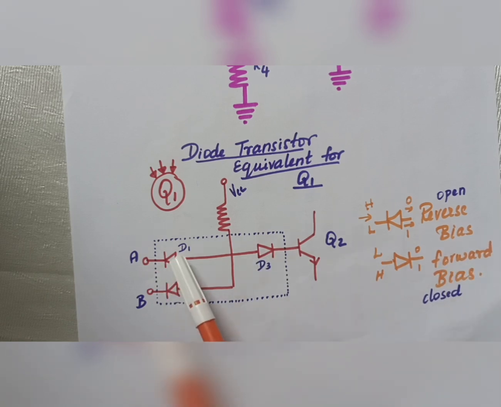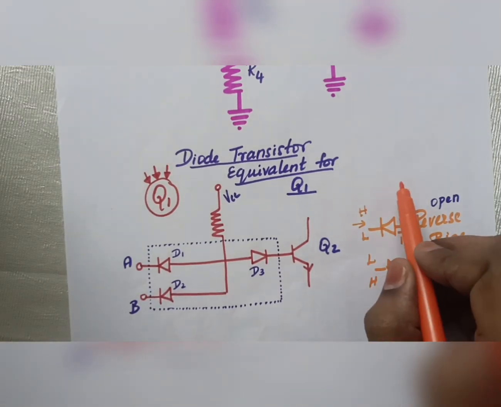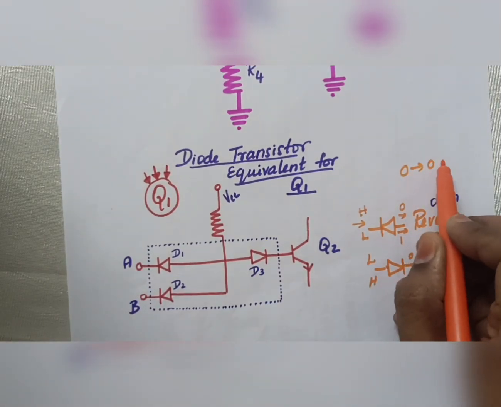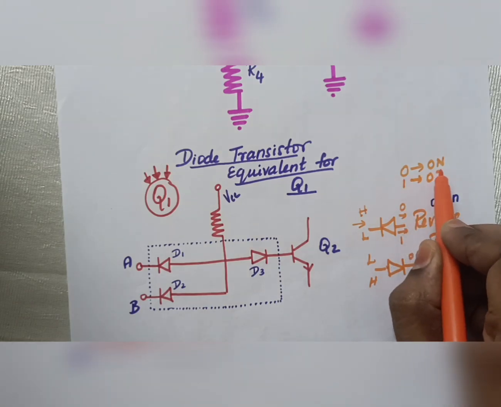Now what is the difference between reverse bias and forward bias? If I send 0, a low value from A, then the switch will be on. Here the diode is considered as a switch. For reverse bias, if I send 0, the switch will be on. If I send 1, my switch will be off.